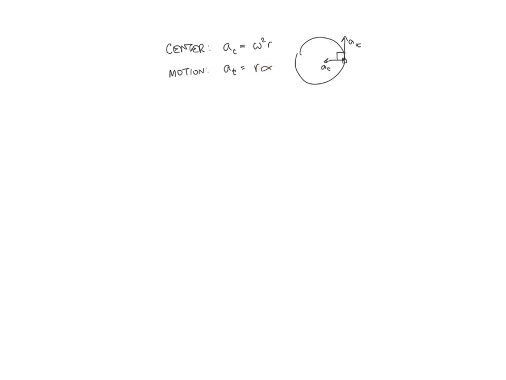For the centripetal acceleration after 7 seconds, you know the r, again 5 meters, and to get the omega, you can just use basic rotational kinematics. The carousel started at rest, so omega naught is equal to 0. You know alpha is 0.05, and the time is 7 seconds.